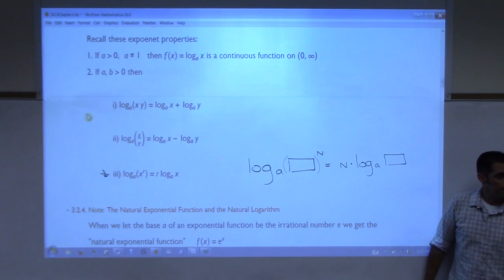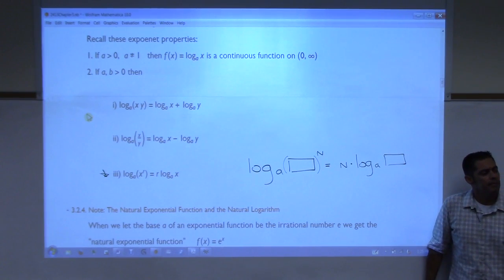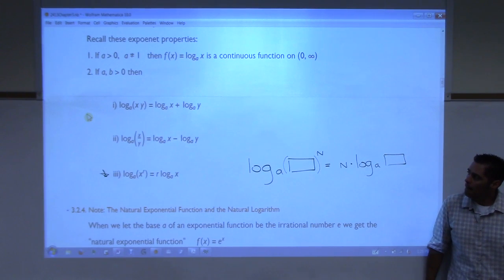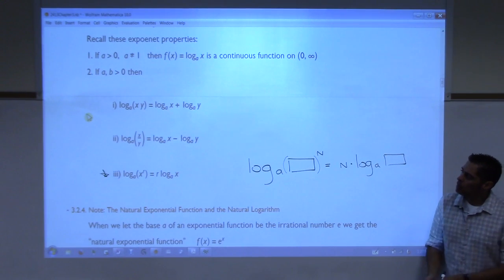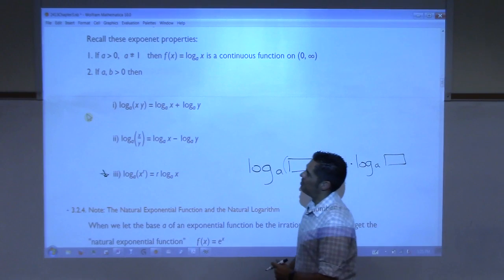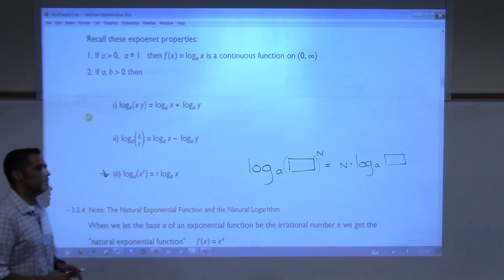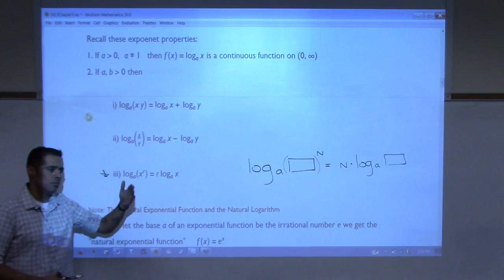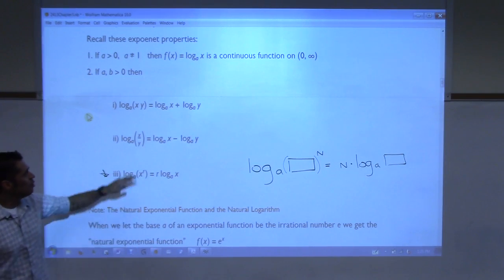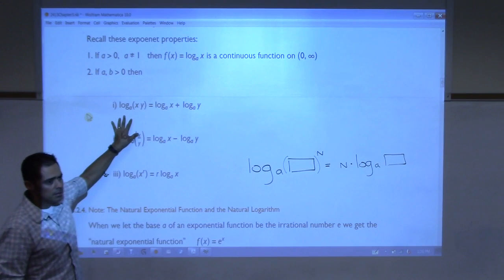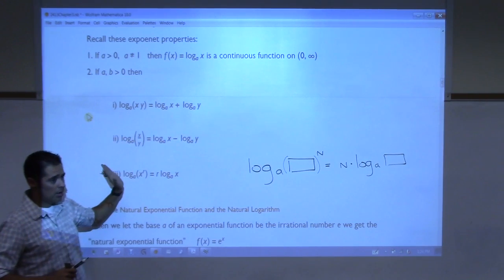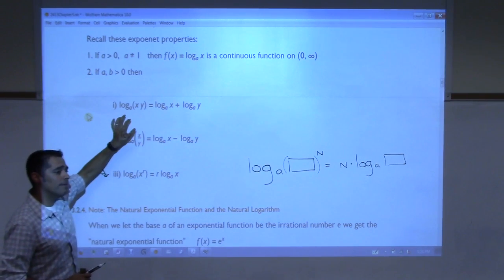Big time. Is that a question? It's just like the product quotient and power rule, isn't it? What do you mean? Well, with the multiplication going to addition, division going to subtraction. I don't want to say that because the product rule is about derivatives, right? We use a product rule to take a derivative. We're not taking a derivative here. I haven't even talked about derivatives at all. This is just a property of logs.